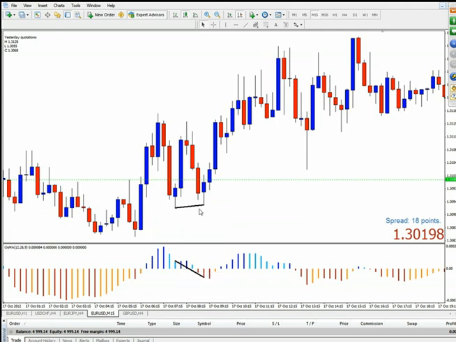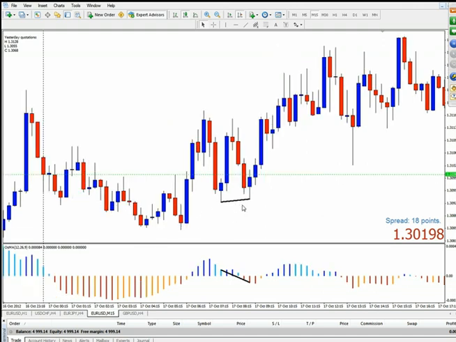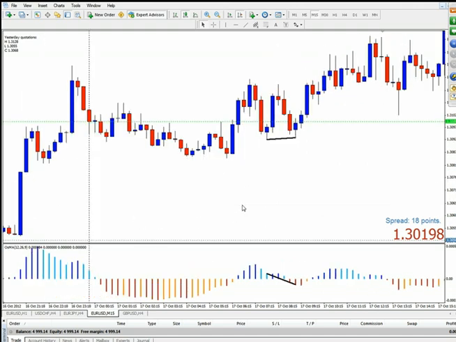That's why I think it's harder to see as opposed to the other two types of divergences that we trade. But hard to see divergence is always with the trend, so it's your safest divergence to trade, because they say the trend is your friend until it ends. That's why you can trade this successfully with the trend.